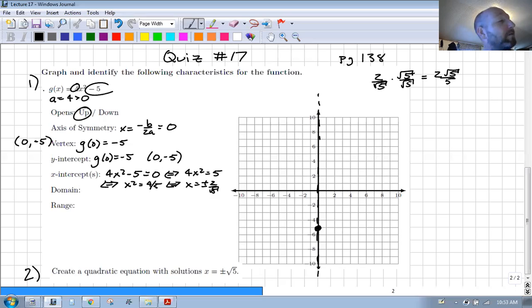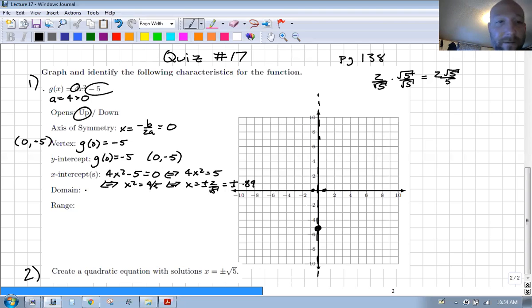Let's see, square root of 5 times 2 divided by 5. So this is positive negative 0.89. So right about there and there is where our x-intercepts are.